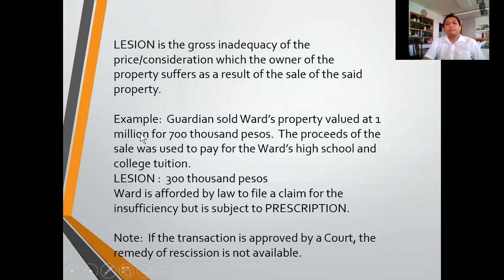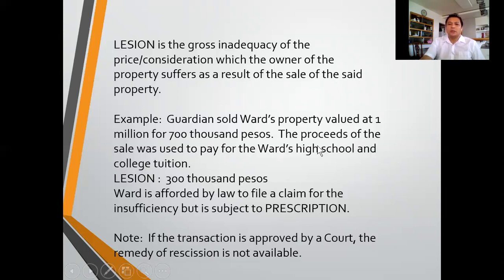For example, the guardian sold the ward's property. The ward is the minor. And the value of the property is 1 million pesos, and the selling price is 700,000 pesos. So there is inadequacy of the price. And how much is that? Lesion is 300,000 pesos.